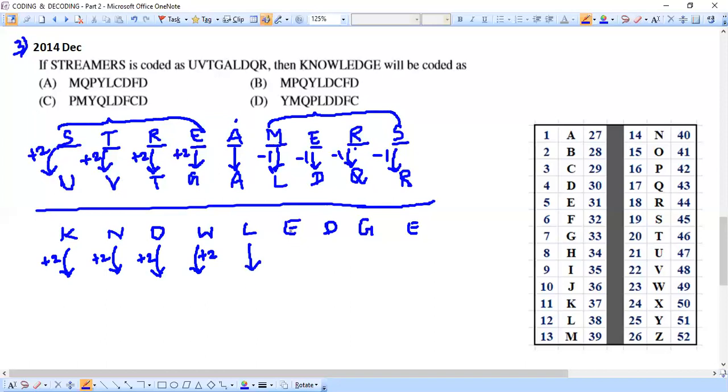And for the remaining, the last 4 letters, we have to get the pattern like -1, -1, -1, and -1. So very clear, the setup is ready. Now it is very easy for us to fill the answer. Let's start. So the first letter is K. K plus 2 we need to do. That means 11 plus 2 will give us 13.